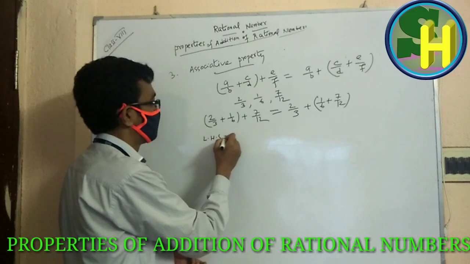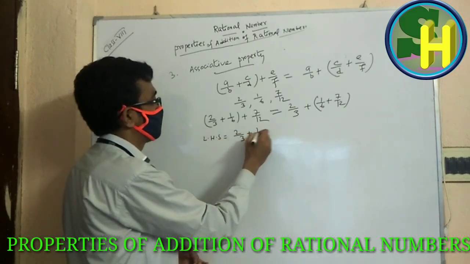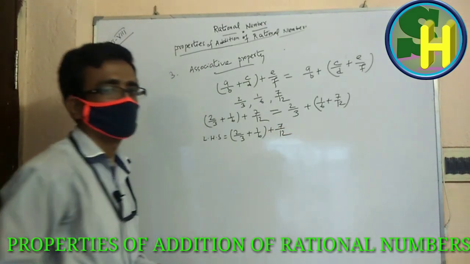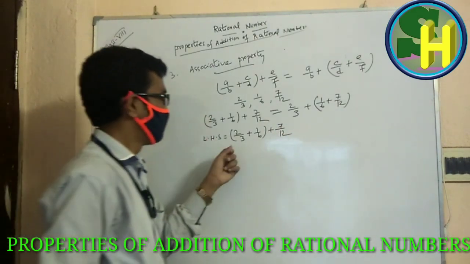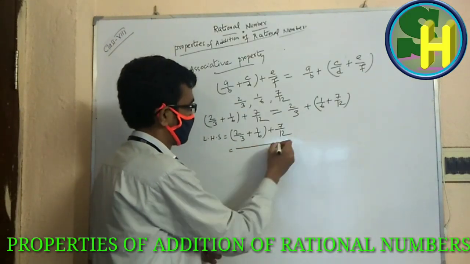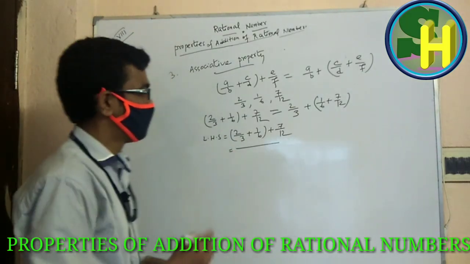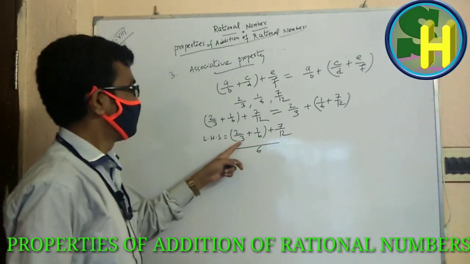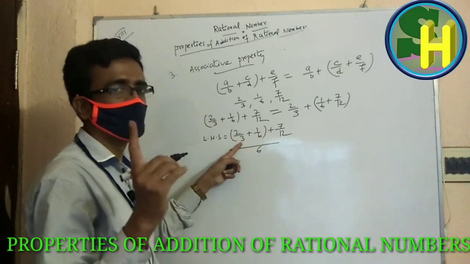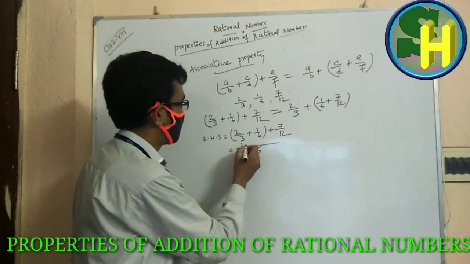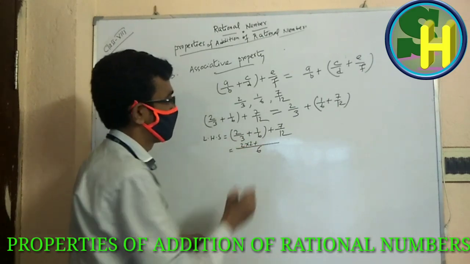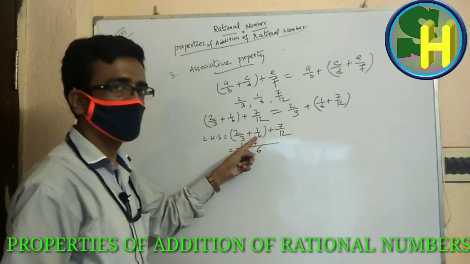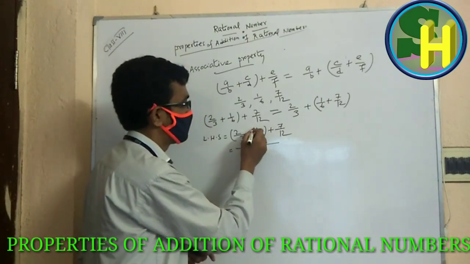Left hand side: 2 by 3 plus 1 by 6 plus 7 by 12. You just add 3 and 6. LCM is 6. 6 divided by 3, that is 2, and 2 multiplied by this 2, plus 6 divided by 6, that is 1, and multiply by this numerator.